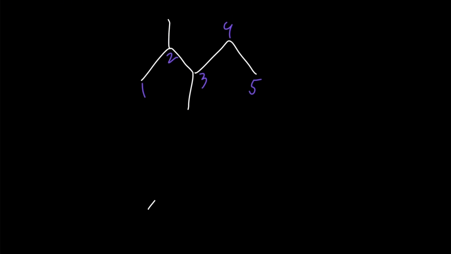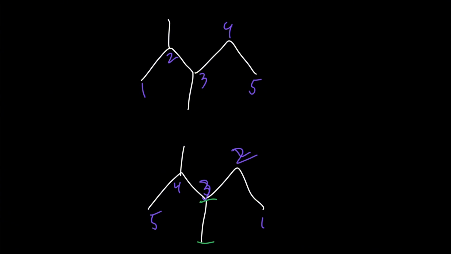So instead, if we counted 1, 2, 3, 4, 5, it would also have 5 carbons in the parent chain. But the first substituent is on carbon number 3 here, right? And on the top one, the first substituent is on carbon number 2. So this is the way you want to count it, because you want that substituent to be on the earliest carbon, okay?